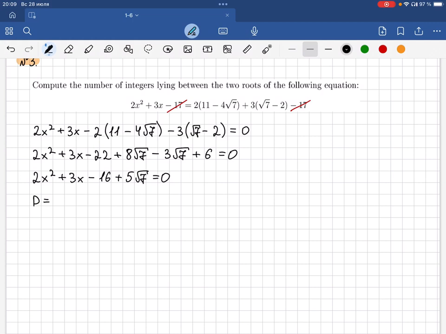The discriminant is 3 squared, which is 9, minus 4 multiplied by 2 multiplied by minus 16 plus 5 multiplied by square root of 7.